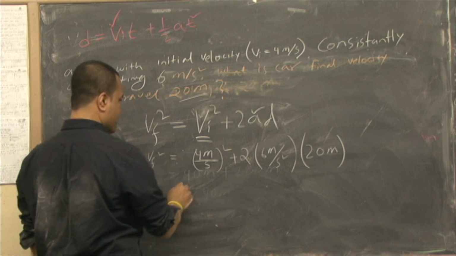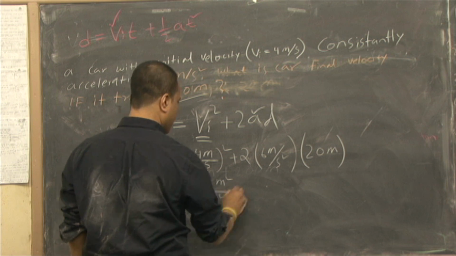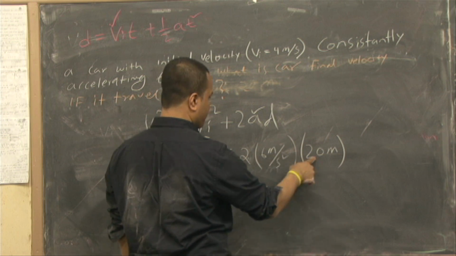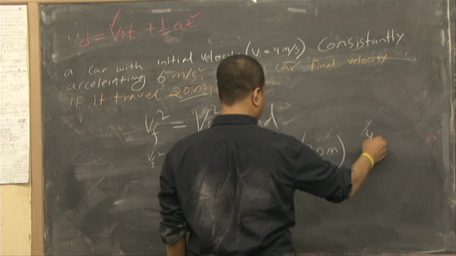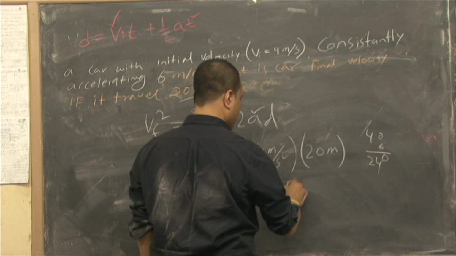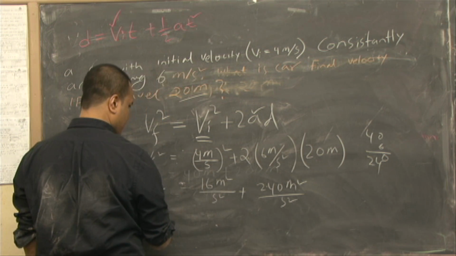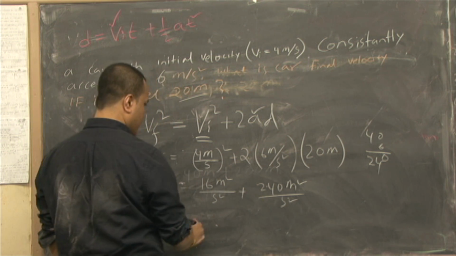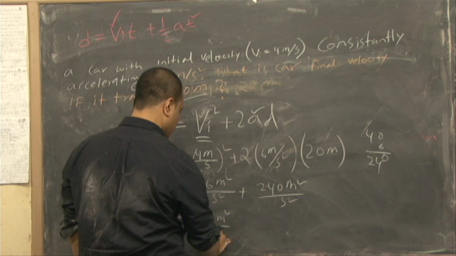So now we have 16 meter squared per second squared plus 240 meter squared per second squared. That's the velocity final squared. So the velocity final squared is 16 plus 240, which is 256 meter squared per second squared, right?